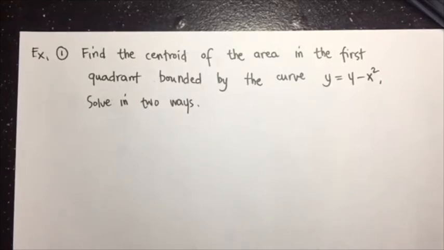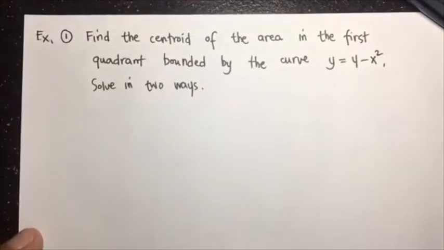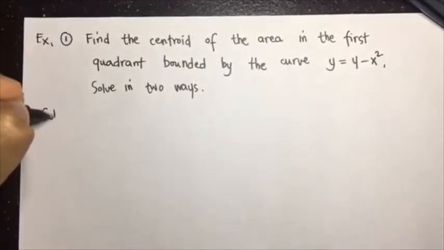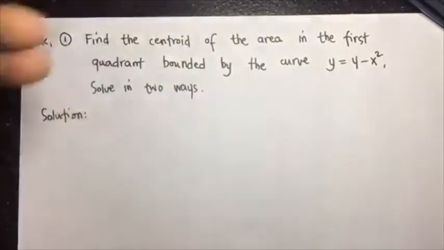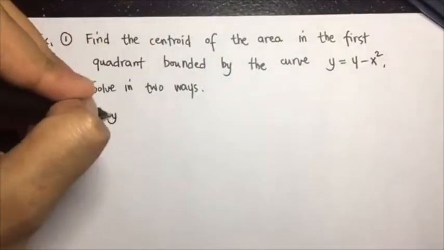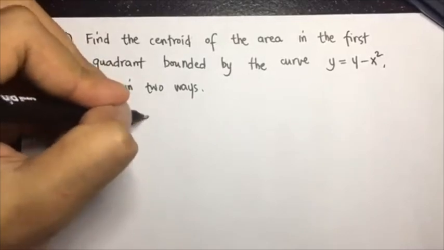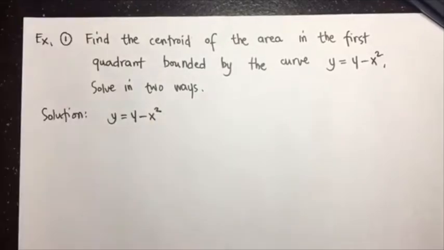And to solve for the area of the curve, first we must graph the curve so that we would know what strip we are going to use. So solution. Let's first take a look at the curve. This is y is equal to 4 minus x squared.